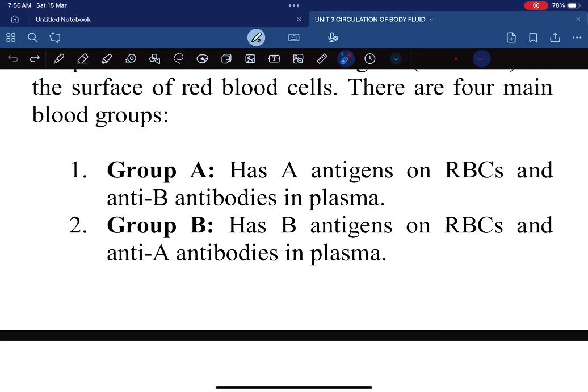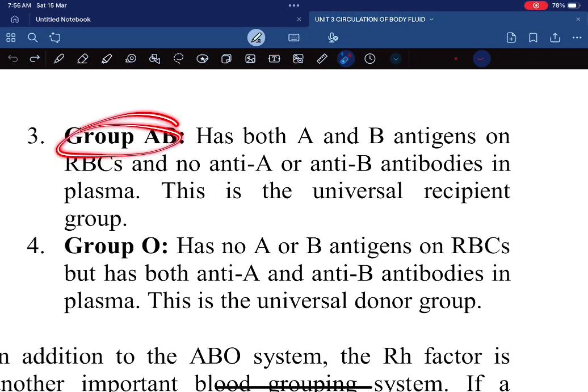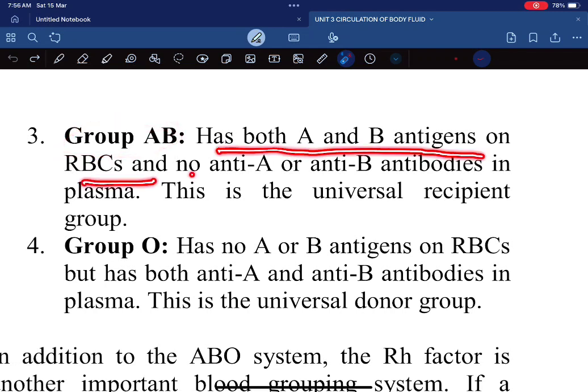Group A has A antigen on RBCs and anti-B antibodies in plasma. Second, Group B has B antigens on RBCs and anti-A antibodies in plasma. Group AB has both A and B antigens on RBCs and no anti-A or anti-B antibodies in plasma. This is the universal recipient blood group.